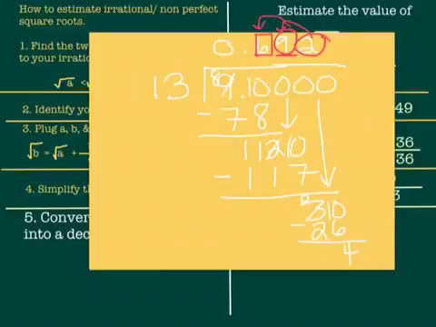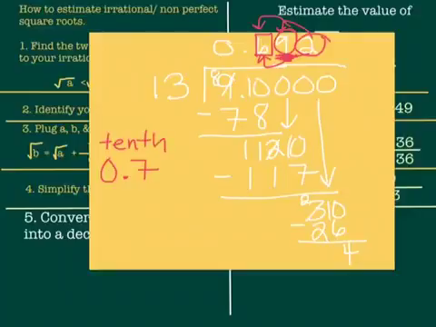So if I am rounding to the nearest 10th, I have 0. This 9 right here is a 5 or higher, so it's going to change this 6 to a 7. And that's to the nearest 10th.